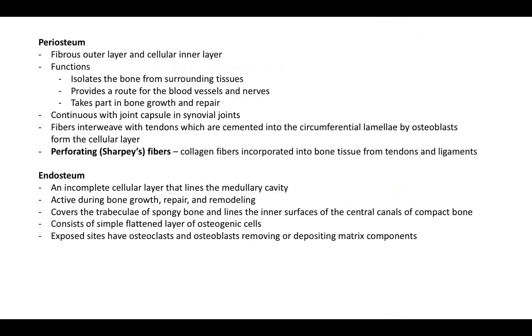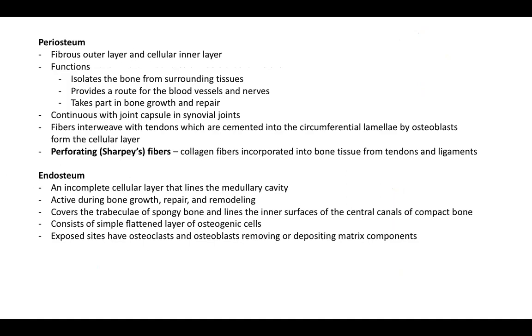Periosteum and endosteum. Periosteum is the outer layer of the bone. It separates the bone tissue from the surrounding tissue, and this is continuous with the joint capsules and synovial capsules. Your knee joint is a synovial joint.